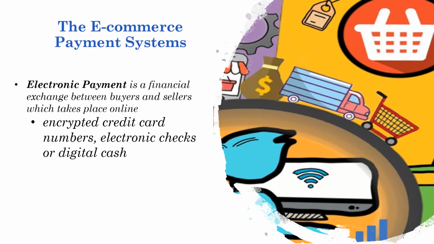online. The content of this transaction is typically some type of digital financial instrument such as encrypted credit card numbers, electronic checks, or digital cash backed up by a bank or intermediary or through legal tender.